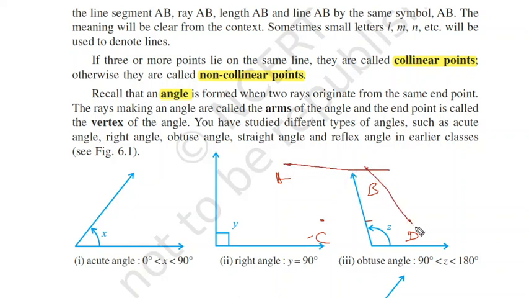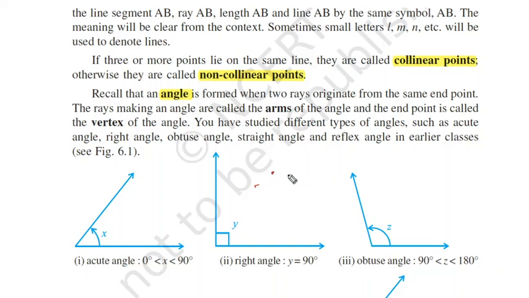From B to D, there is another straight line. From C to D, there is another straight line. From B to C also. There are several straight lines possible in these 4 points, so we can't say they are on a single straight line.